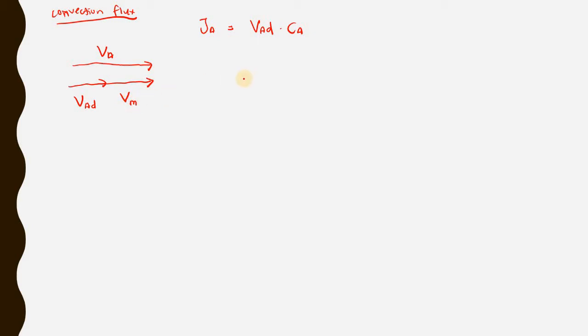So VA is equal to VAD plus Vm. We multiply all these terms with the concentration of A. So CA VA equal to CA VAD plus CA Vm.